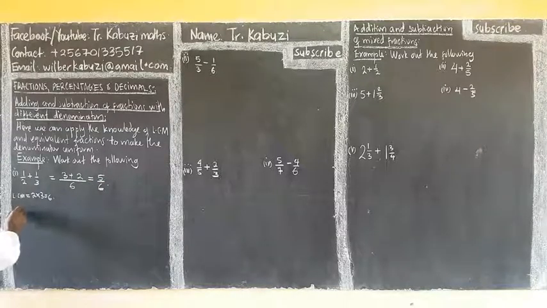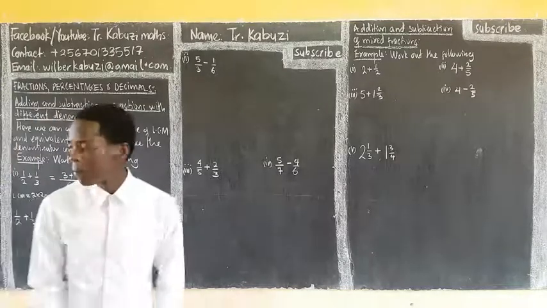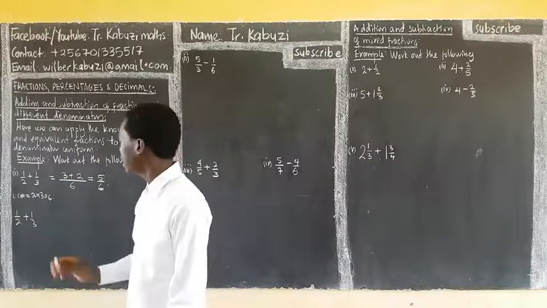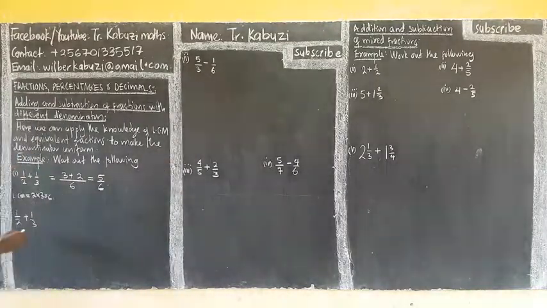The alternative is when we have 1 over 2 plus 1 over 3. Here we use the idea of cross multiplying, where we multiply up and down. You multiply this 3 there, then you also multiply this 2 with that one, then you also multiply these 2.